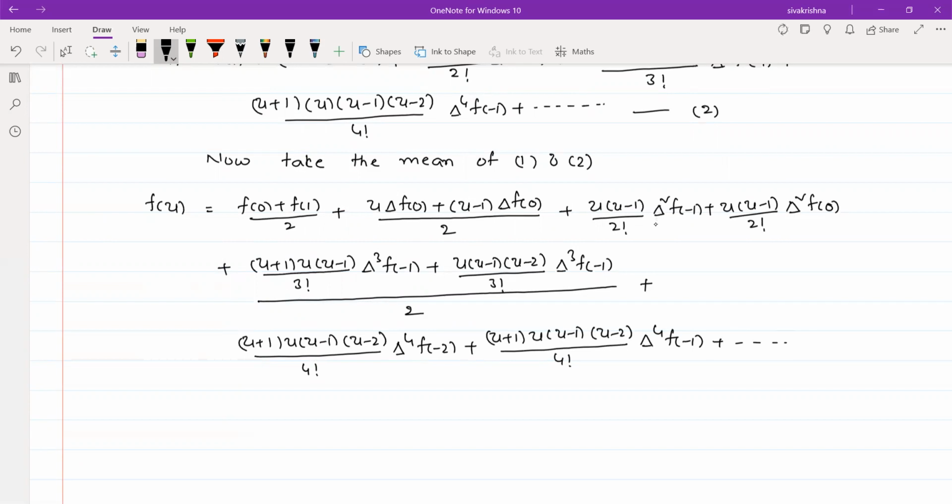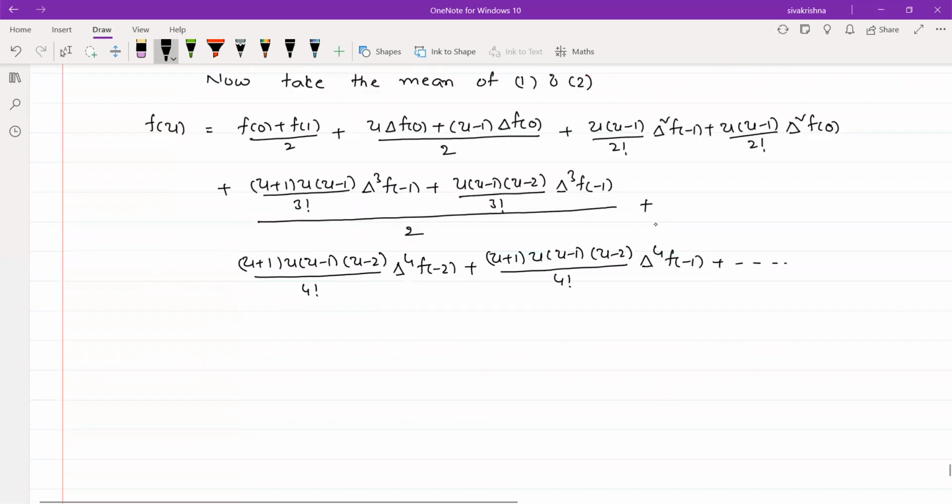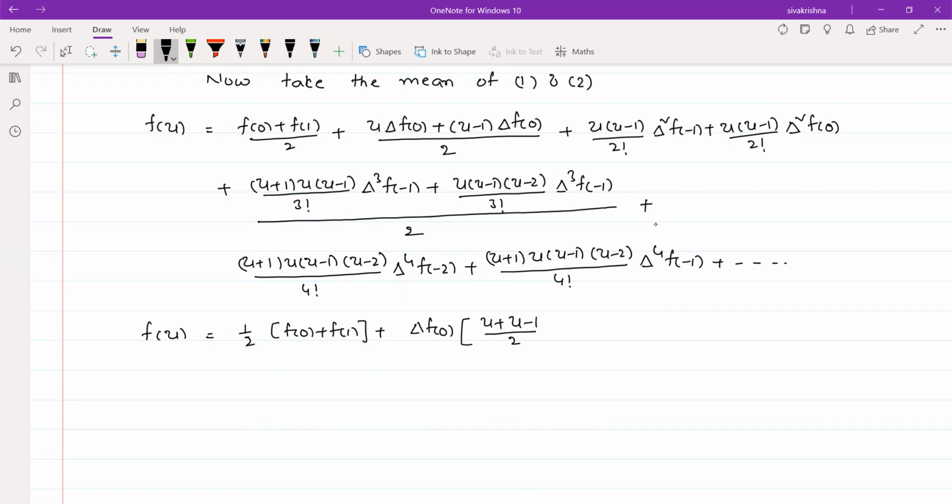Now we have to simplify this particular step so that we get f of u is equal to, so the first term is half into f of 0 plus f of 1. Coming to the next term, we have delta f of 0 as common. If you take delta f of 0 as common, we get u plus u minus 1 by 2.